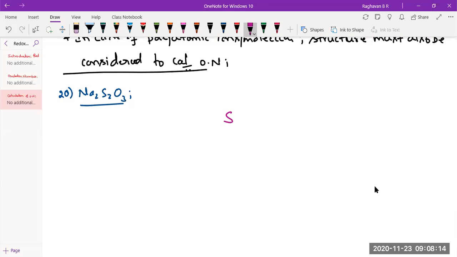Sulfur is attached to 3 oxygen, and there is one more sulfur that is bound to this sulfur. One of the oxygen is doubly bound. The remaining 2 single bonded oxygens have 1 negative charge each, and each oxygen negative charge will have 1 Na plus attached by ionic bond. Like this.